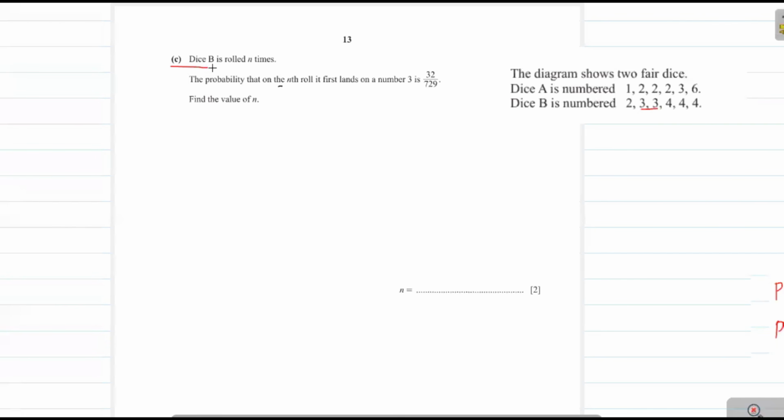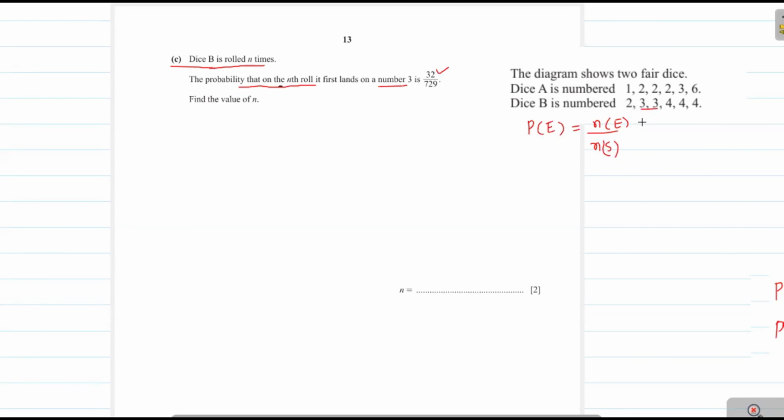Part C, dice B is rolled n times. The probability that the nth roll it first lands on a number 3 is 32 over 729. Now you see here the probability of the roll landing on number 3 is equal to the number of total favorable outcomes divided by the total number of outcomes of sample space.